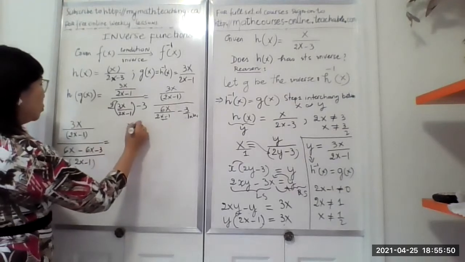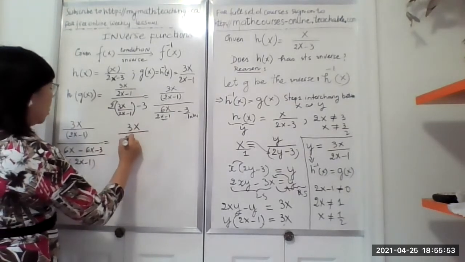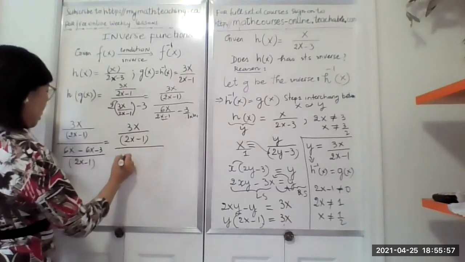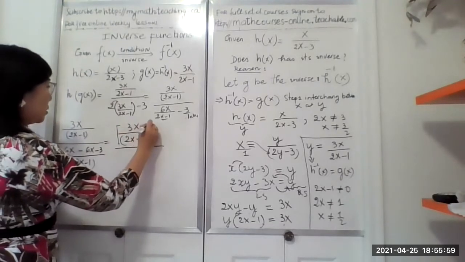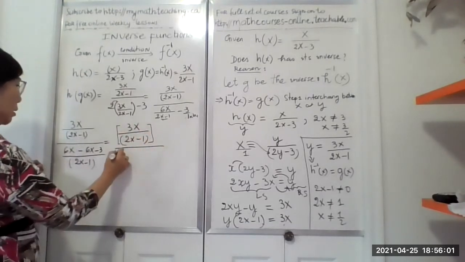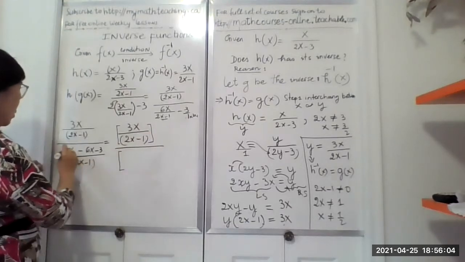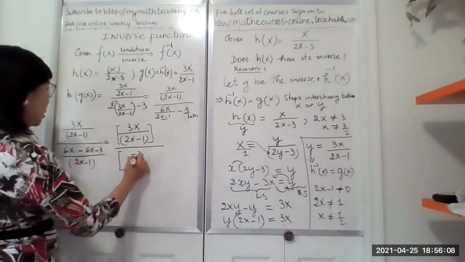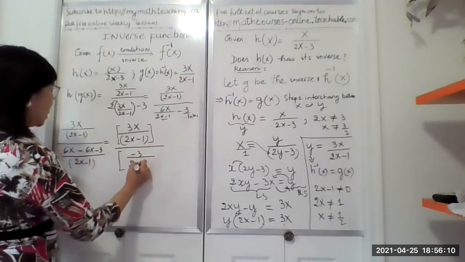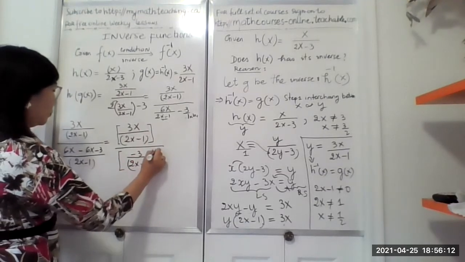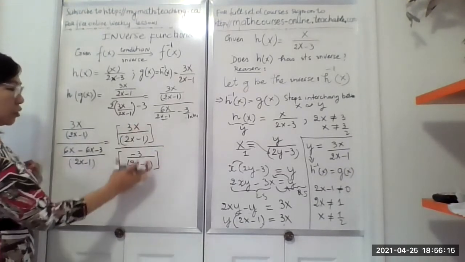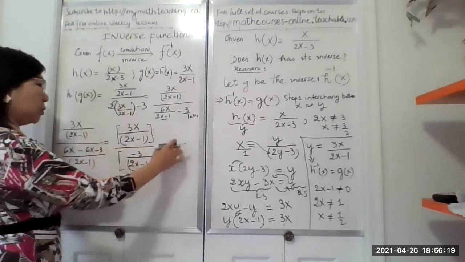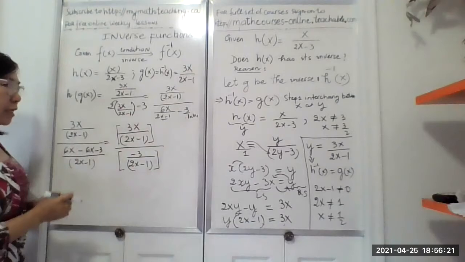So we have 3x over 2x minus 1 divided by, remember, this is in the square bracket. This is the top, right? And down here, we have 6x minus 6x is gone, and we have minus 3, and down here we have 2x minus 1. So this fraction divided by this fraction, we can use the first fraction multiplied by the second fraction upside down.